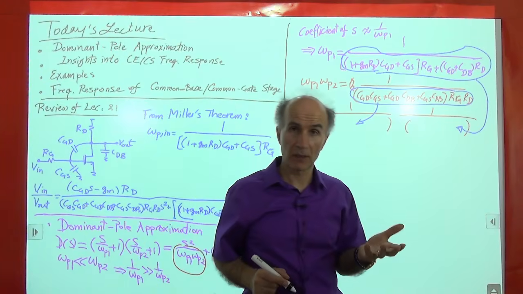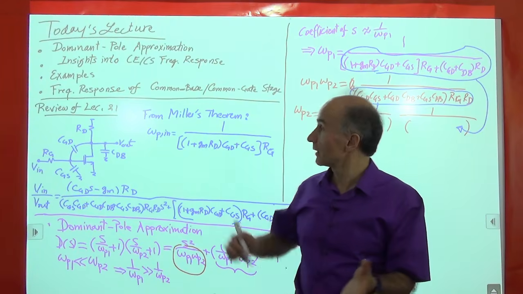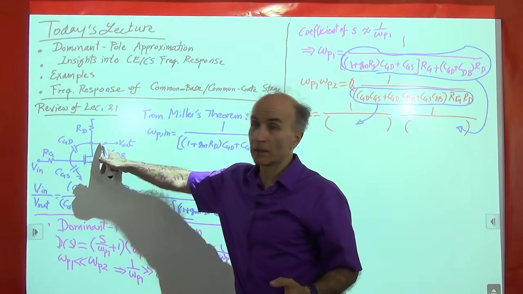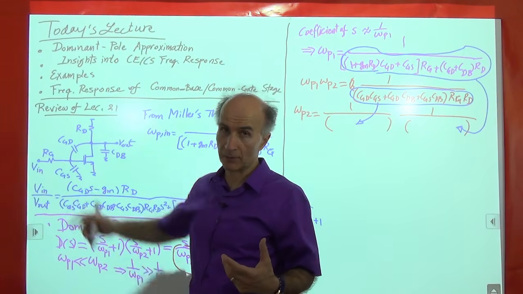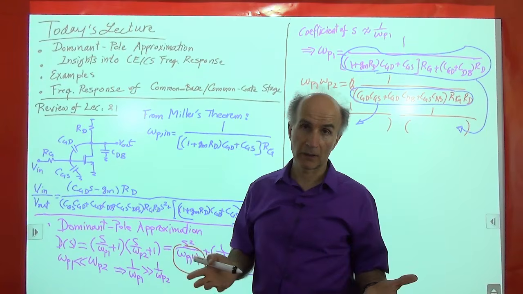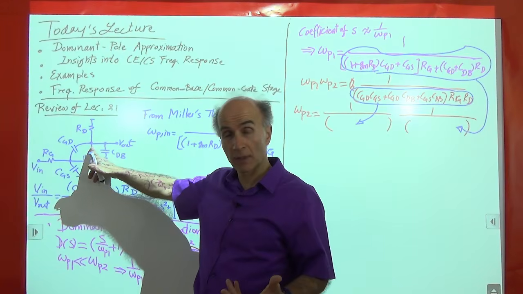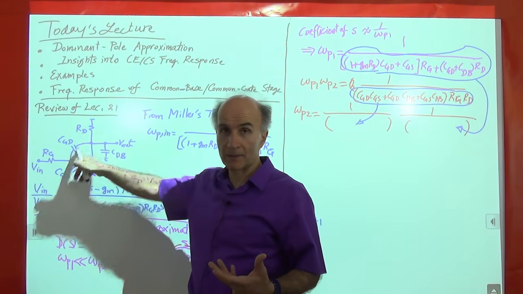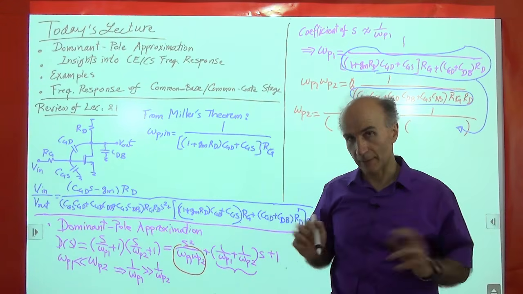Miller's approximation is that we are using the low frequency gain from here to here for the multiplication effect on this capacitor, right? That's not true because at the frequency of interest, the gain from here to here is no longer GMRD, right? These capacitances are affecting the circuit, so the gain is lower than GMRD, but that's the assumption.